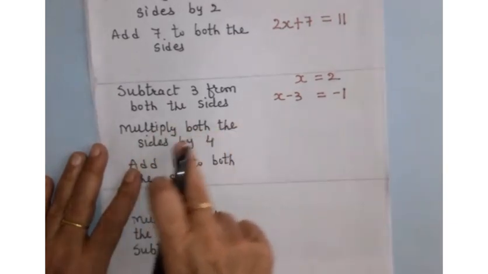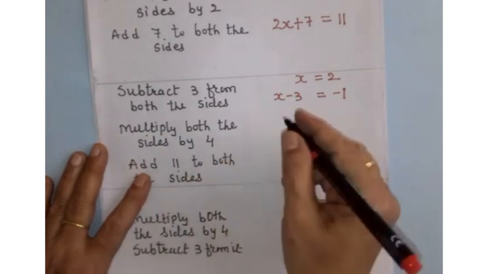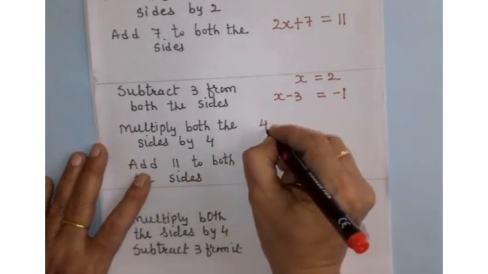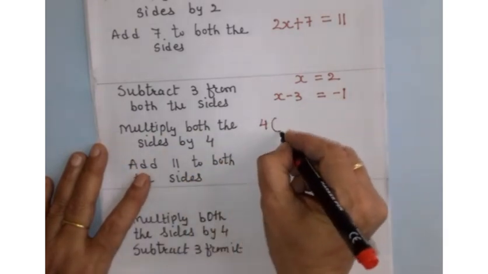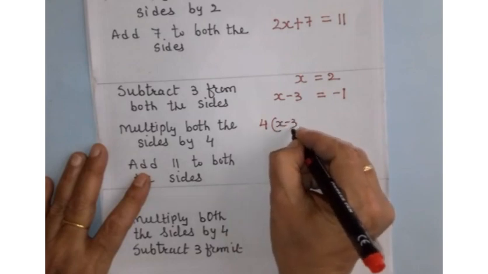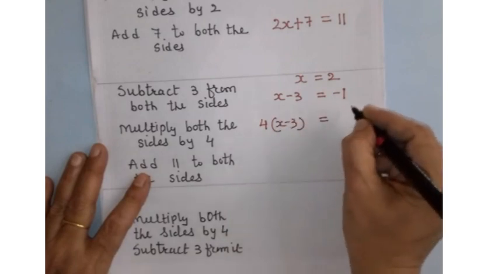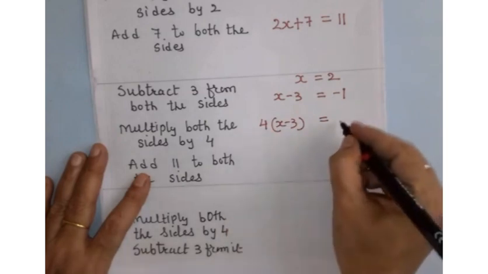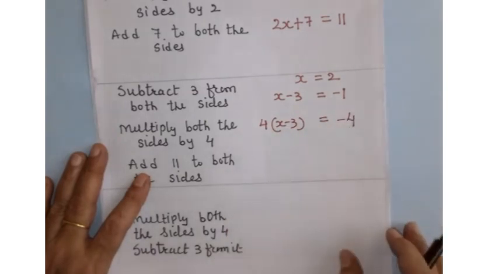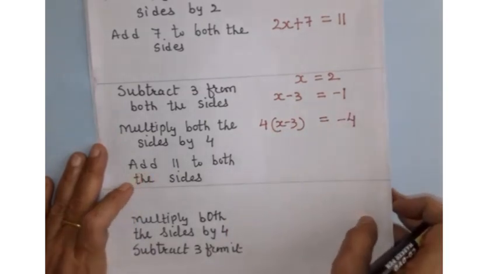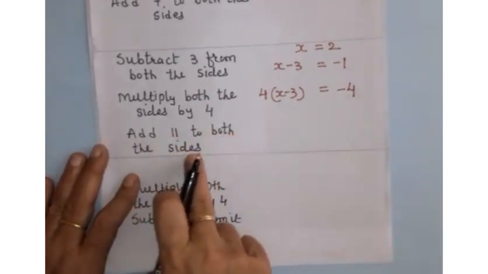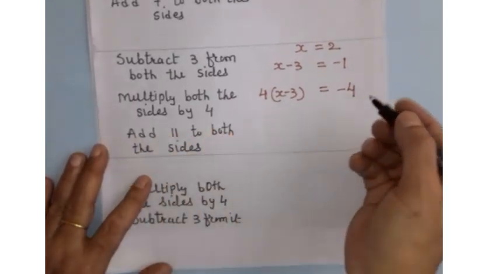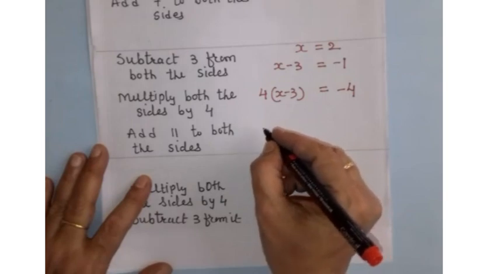Now multiply both the sides by 4. So we have to multiply both the sides by 4. So 4 into bracket x minus 3 is equal to minus 1 into 4 gives us minus 4. Understood, children? Clear? Add 11 to both the sides. Now we have to add 11 to both the sides.